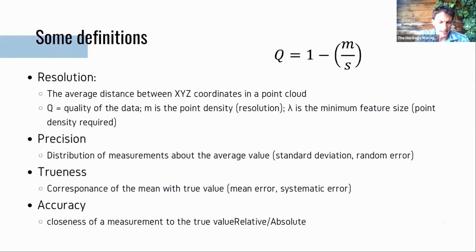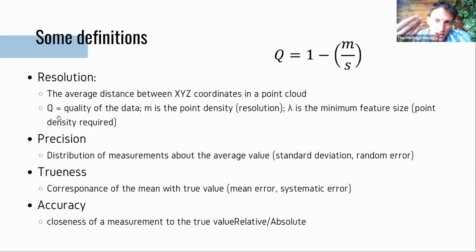Then a little bit on data quality. I will not go into too much detail because you've already seen a lot about this. So some definitions here. Resolution is the average distance between X, Y, Z coordinates in a point cloud, so the average distance between points in the point cloud.